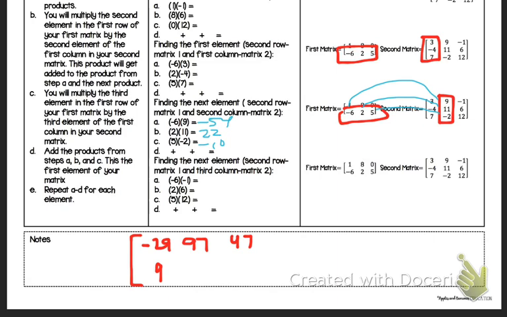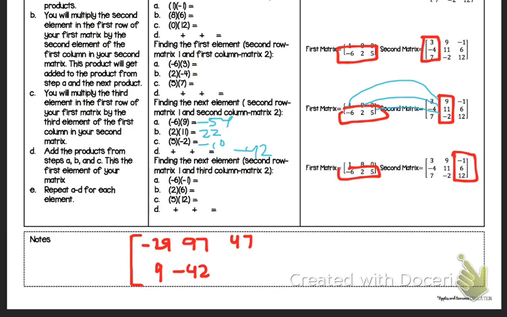Add all of those together, we get negative 64 plus 22 gives you, I can't do mental math, negative 42. Okay, so negative 42 goes in the second row, second column. So negative 42 here.